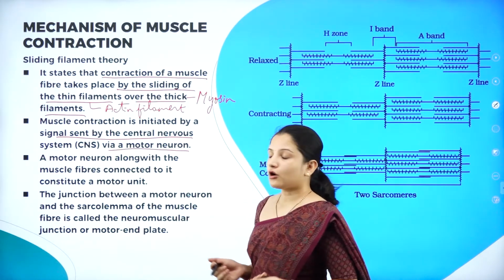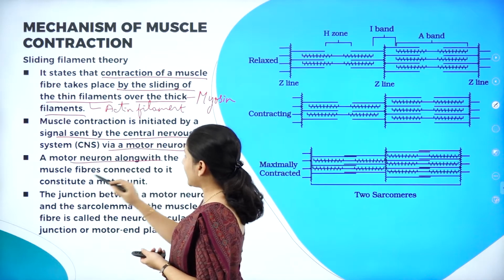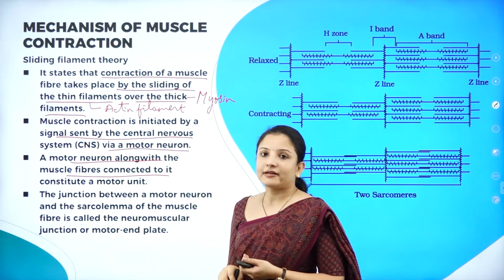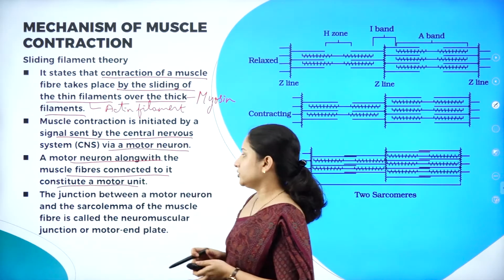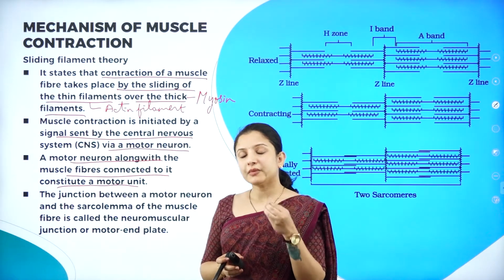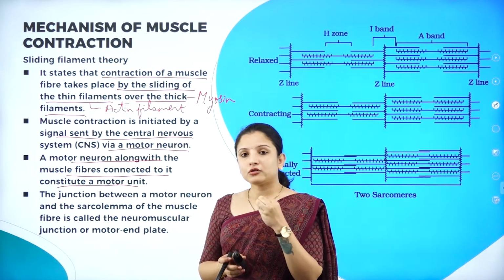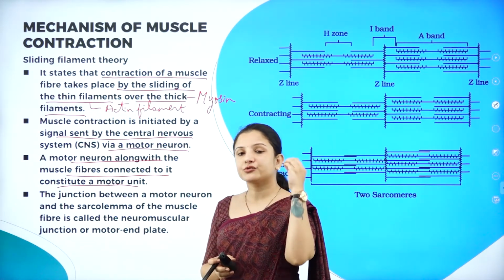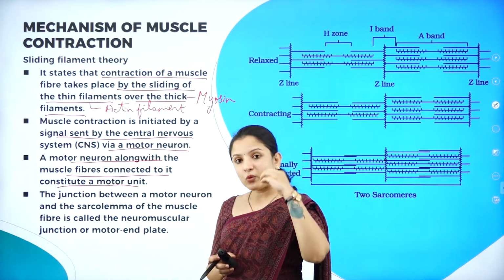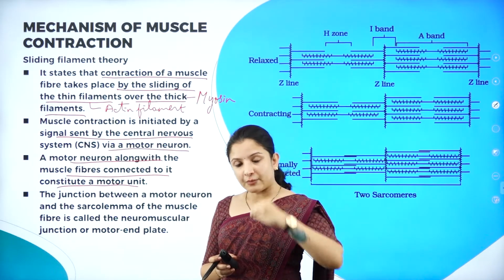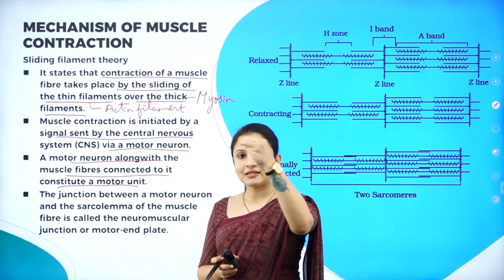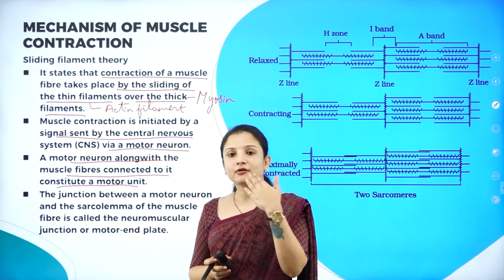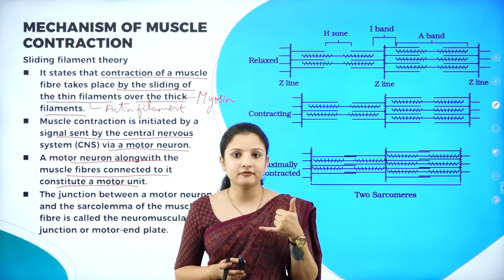A motor neuron along with the muscle fibers connected to it constitutes a motor unit. The muscle fibers have a lot of connections to the motor neurons. These motor neurons are connected to the central nervous system, and via these motor neurons signals are sent from the muscle fibers, like how we talk to one another using a mobile phone, right?